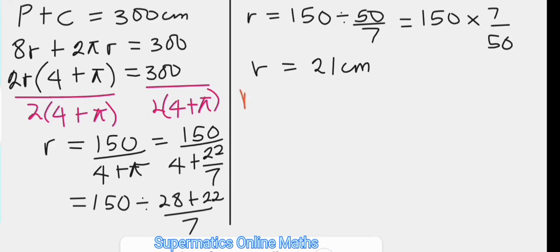With this done, the red area is area of square minus area of circle.